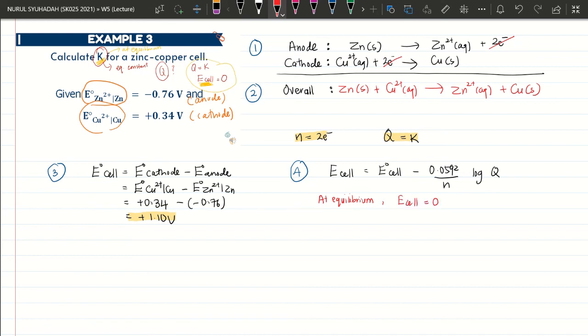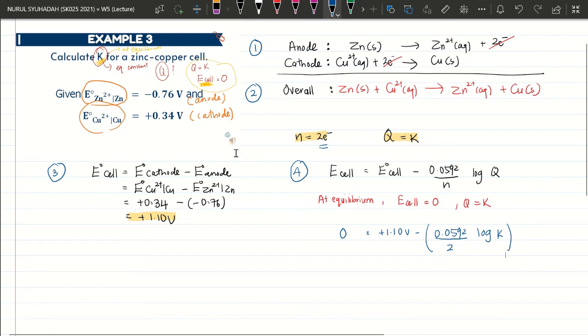So you need to write this down so that it is clear that the value of Q equals K. So once you have written down this statement, then you can substitute all the values over here. So the E cell will become, let me use blue color pen, E cell is 0. E naught cell is positive 1.10 volts minus 0.0592 over n, which is 2, and then log K over here. So this will be your equation.